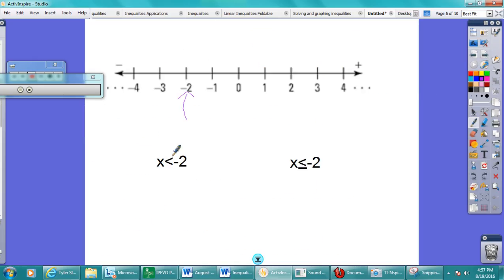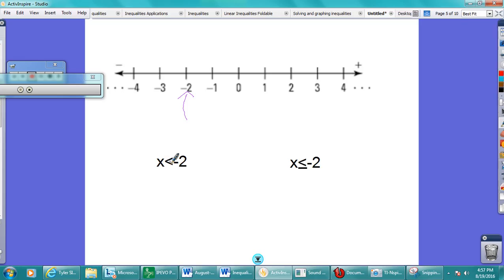Now, third step, plug in numbers for x. Always start with 0. Is this true? Is 0 less than negative 2? No. 0 does not work. And if you notice, it's to the right of negative 2.